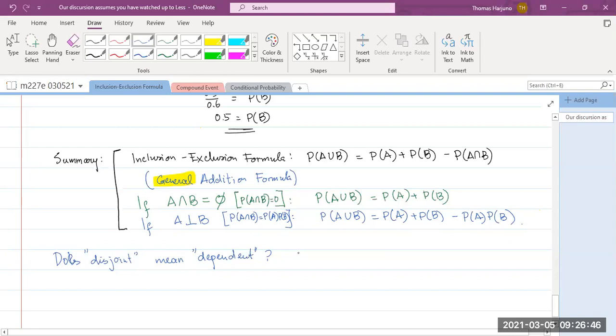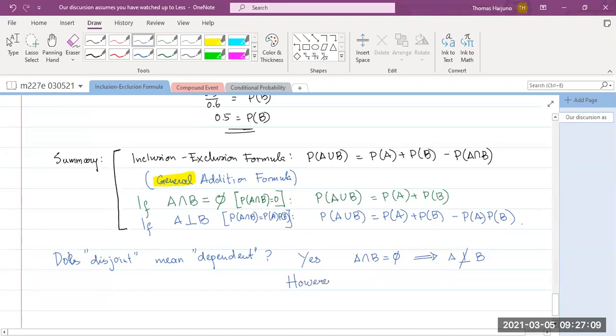The answer is yes. Once we know that two events are disjoint, it implies that A and B are not independent. However, the converse is not true.